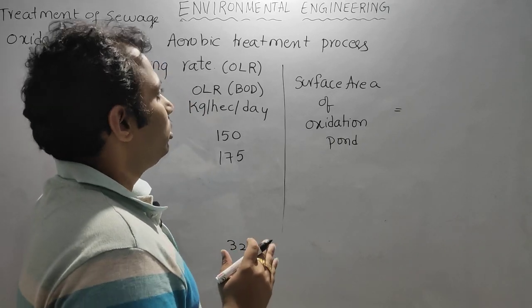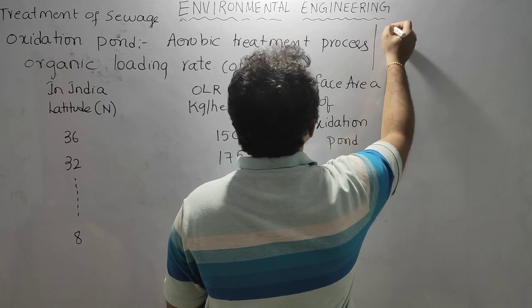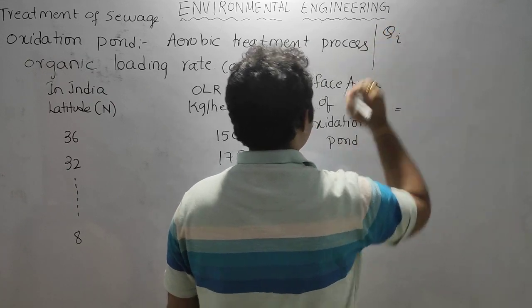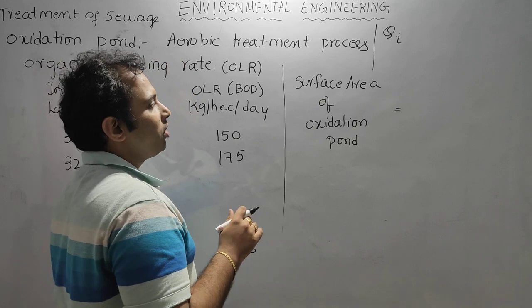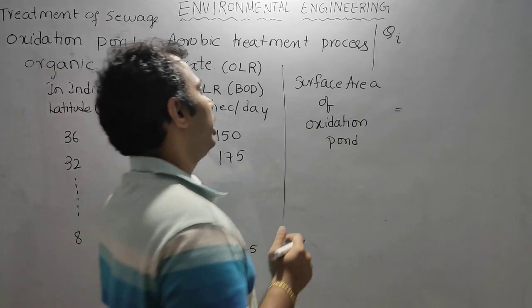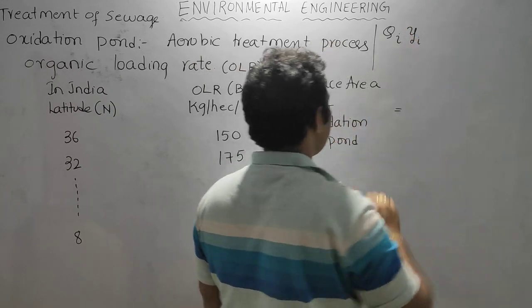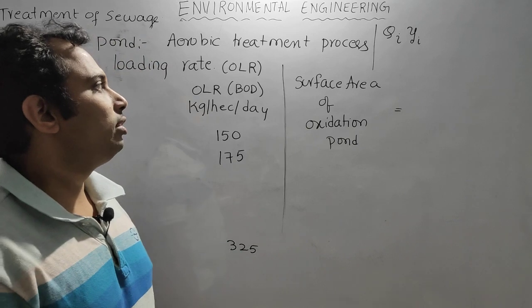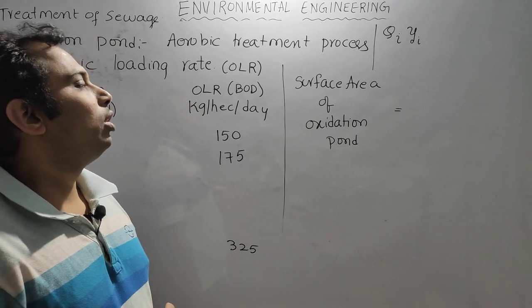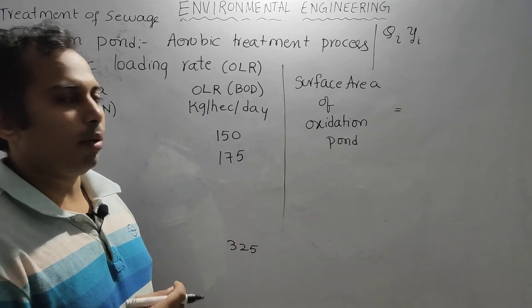Now let us assume that Qi is the influent coming into the oxidation pond, and Yi is the BOD coming into the plant.